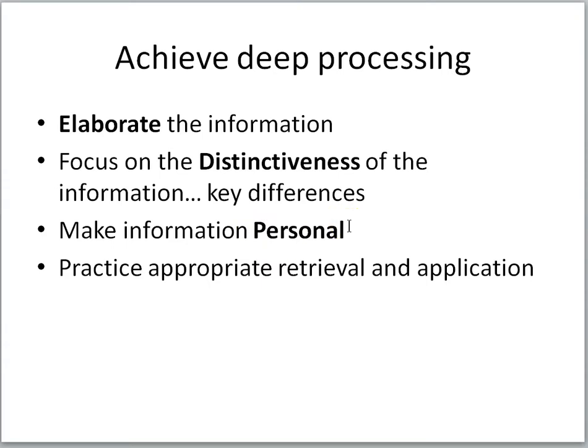So whatever it is you're studying, take a moment to reflect on how it's related to you or your evaluation of this information. And then another idea is to make sure you're practicing appropriate retrieval. So you want to study in ways that might be reproduced on the test, and find ways to take the information you're studying and apply it to new situations. A great way to achieve deep processing.